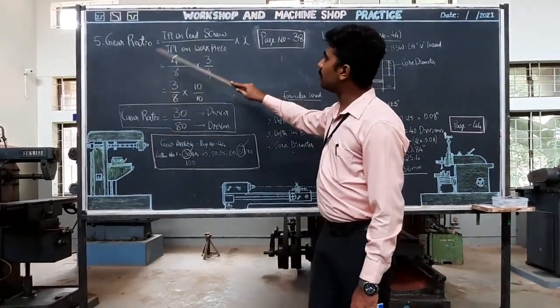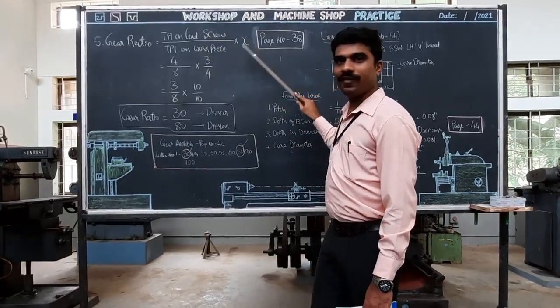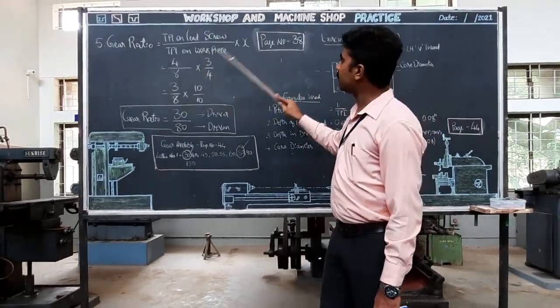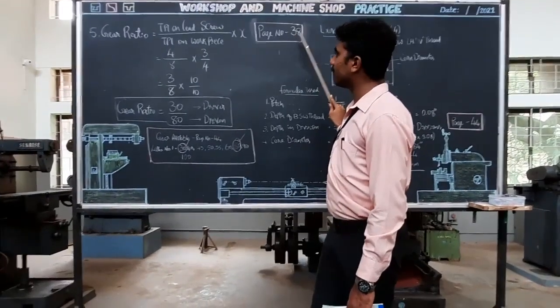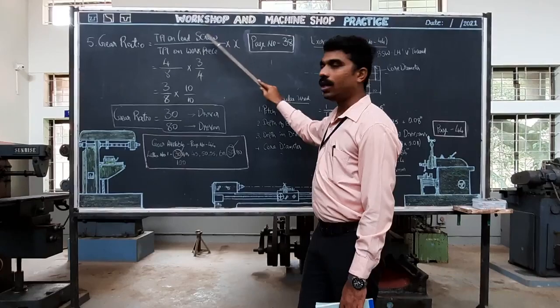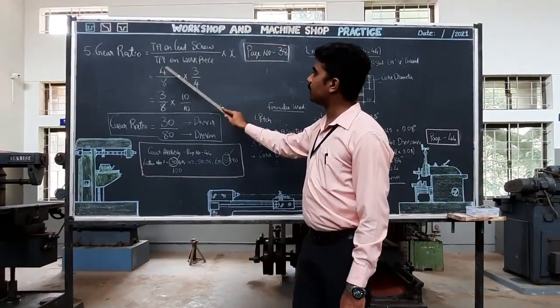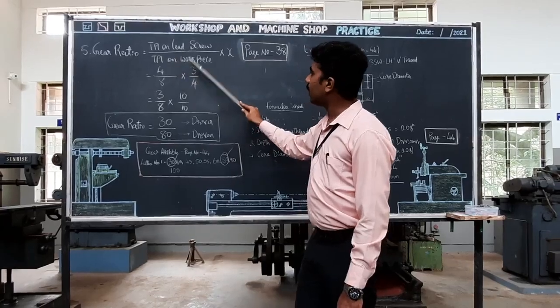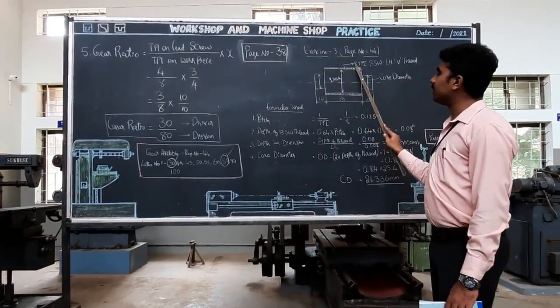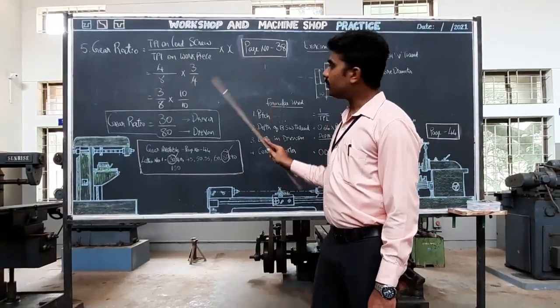Let me repeat once again. The TPI on the lead screw and the value of X are not known. To get the answer, please refer to page number 38. There you can get the values of these two unknown terms. The TPI on the lead screw is 4, the TPI on workpiece is 8 TPI, the value of X is 3 by 4.